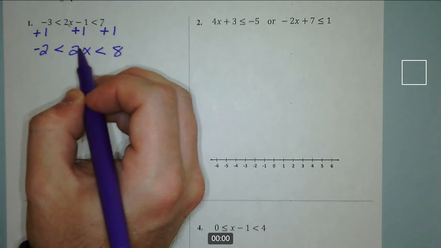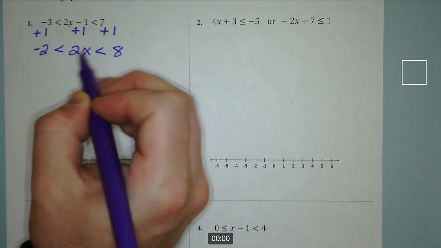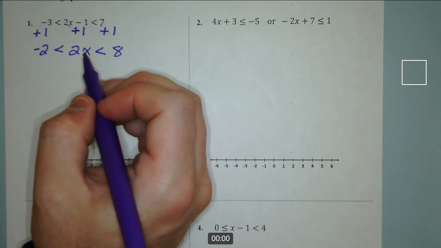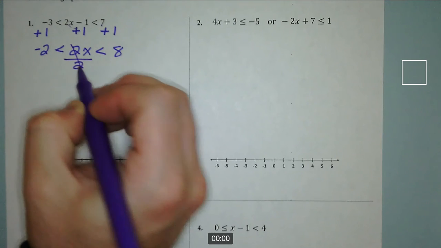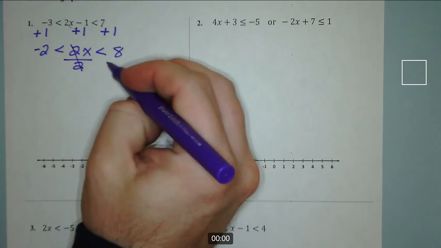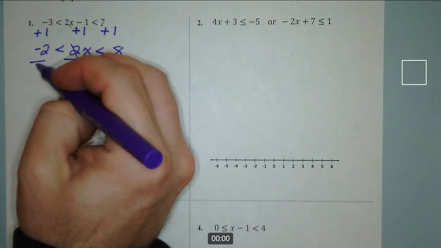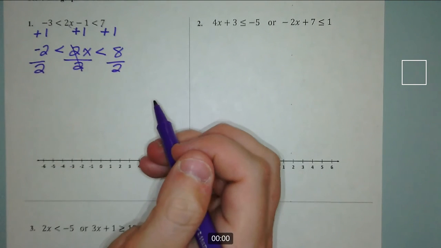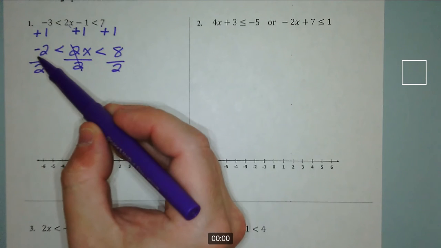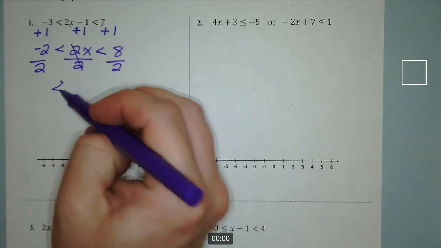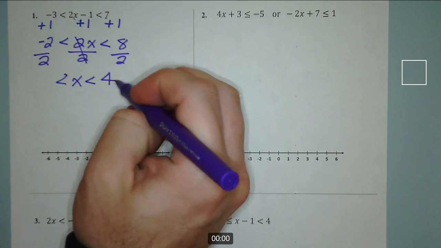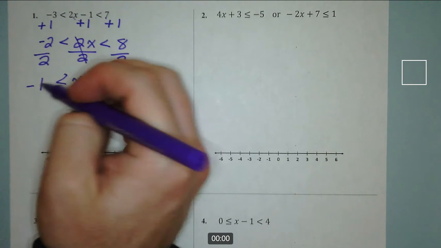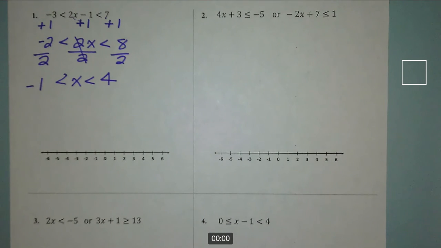We have 2 times x, so we have to do the opposite of that to get rid of it. That would be dividing. So we divide the middle by 2, the right side by 2, and the left side by 2. So we now have x alone in the middle, and over here we're going to have a 4, and over here a negative 1.